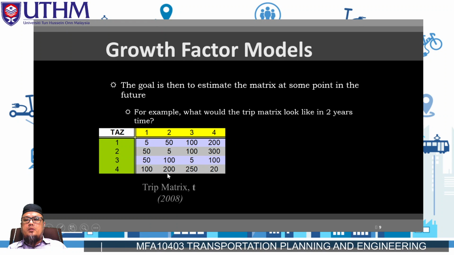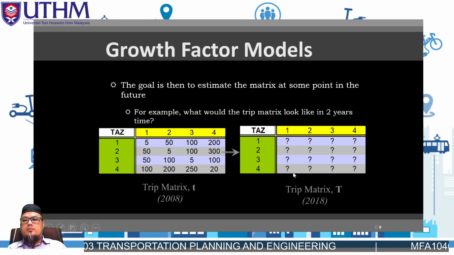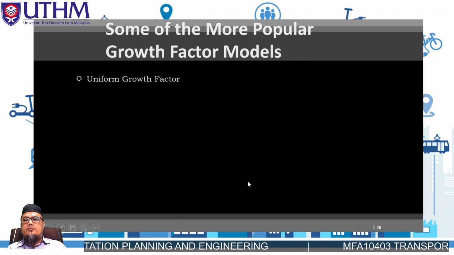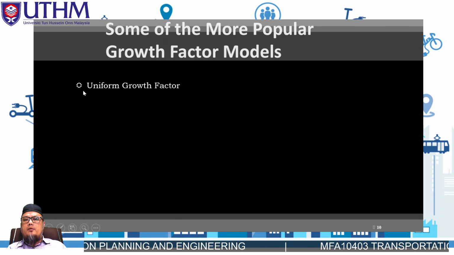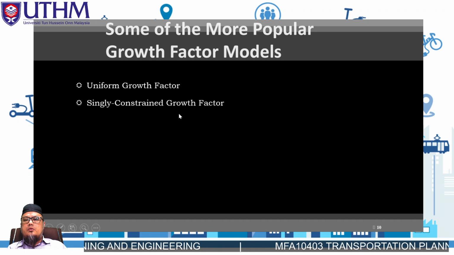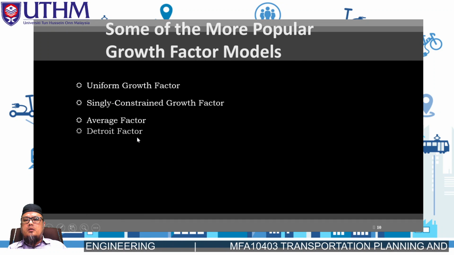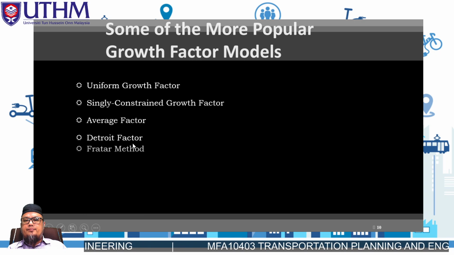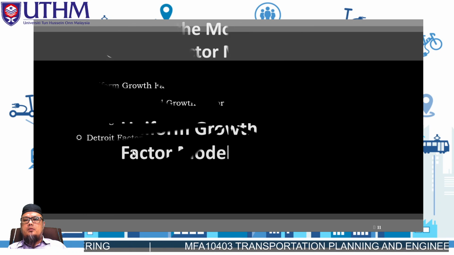Let's say we have this data from 2008. So what would it be 2 years next? We're going to predict this using a growth factor. First we have the uniform growth factor, single constraint growth factor, average factor, Detroit factor, and Fratar method.